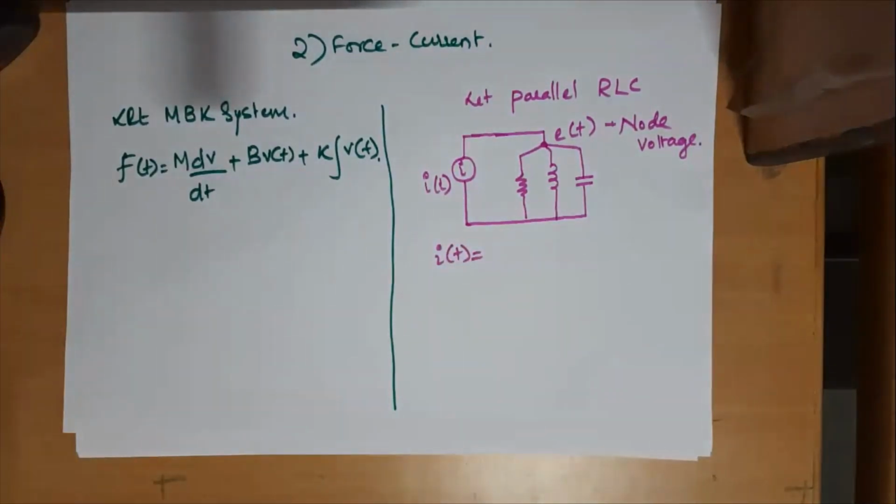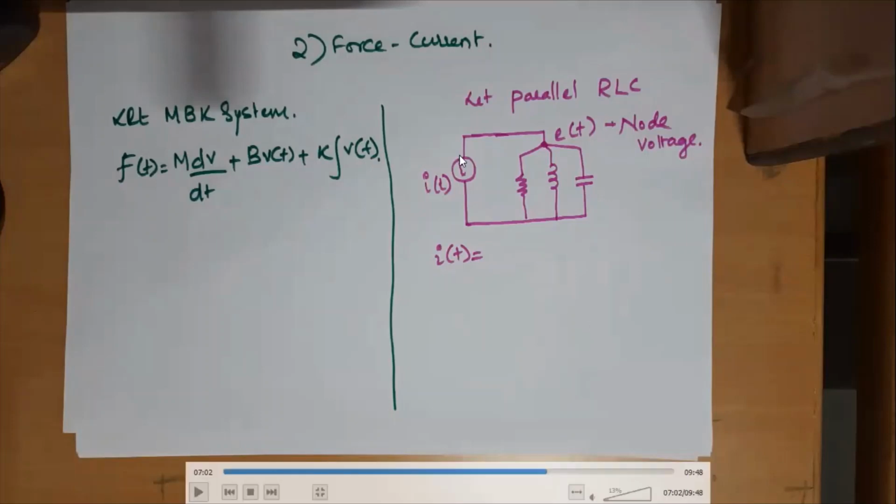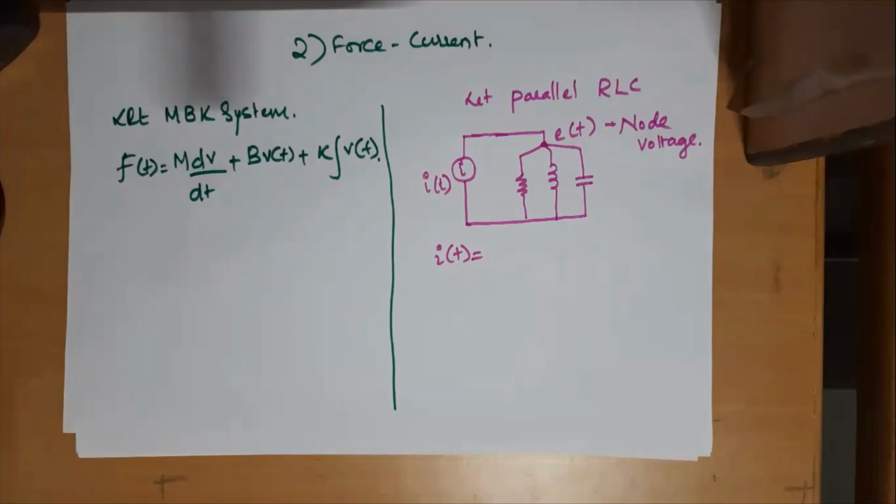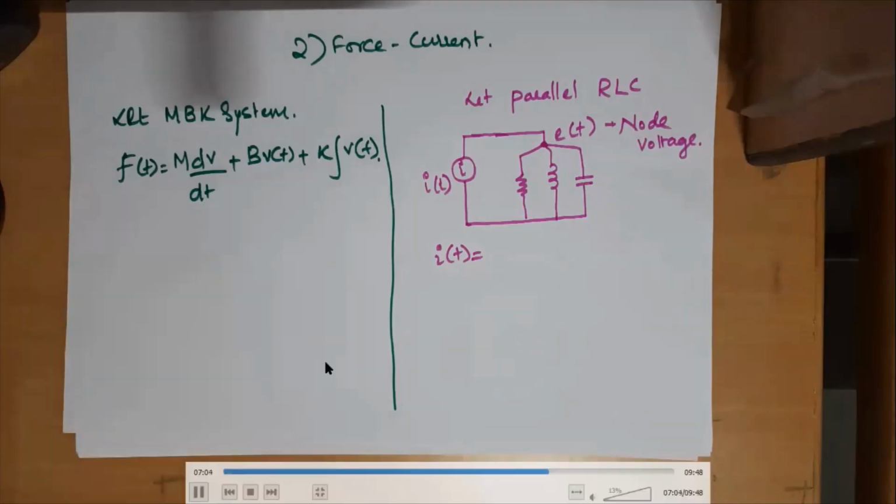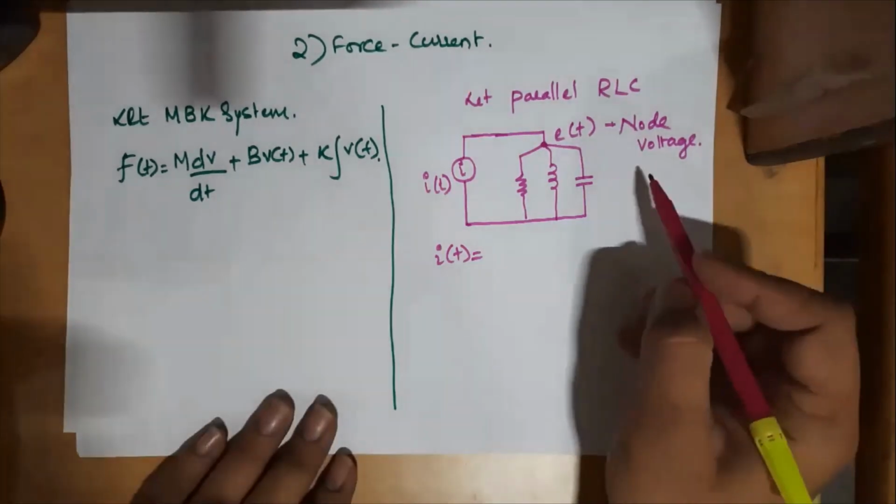Now I need to write the equation for this particular circuit and I need to apply KCL, as simple as that. Earlier it was KVL, now it is KCL. Everyone is aware of KCL. The supply current I of t gets divided into all these three elements. So you can say I of t equals the current through IR, IL and IC. Let us see how the equations can be written.